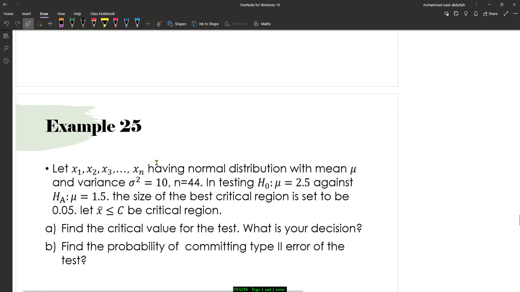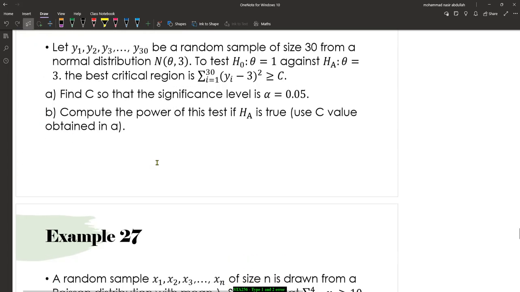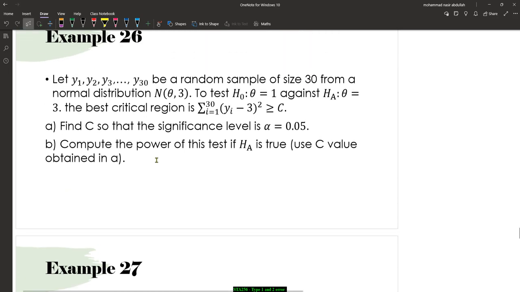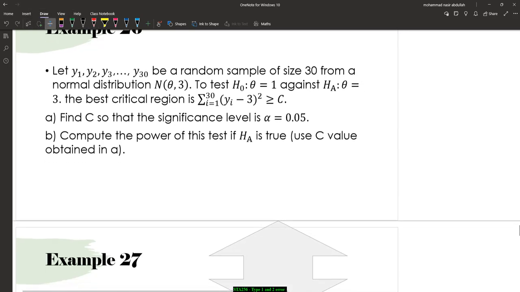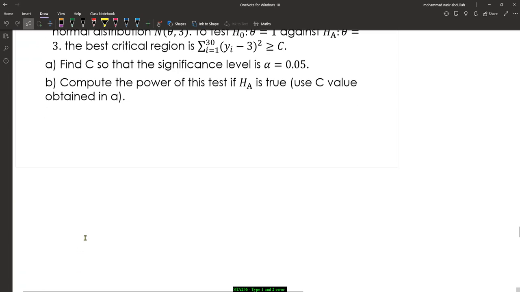Example number 24 you do yourself, 25 you do yourself, 26 we can look at. But 26 relates to chapter number 2, don't forget.